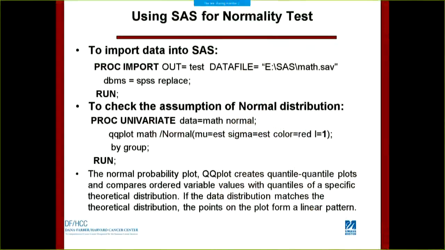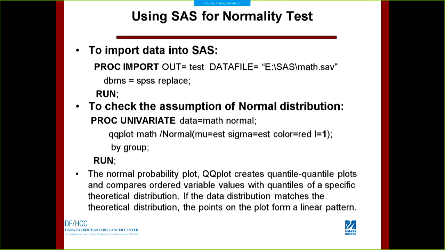Here we also mentioned that we can use SAS to run the independent sample t-test, compared to SPSS. In SAS, first of all, we need to import the data. Usually we do not have the data in a spreadsheet, but we can import the data into the SAS system by using the proc import command.